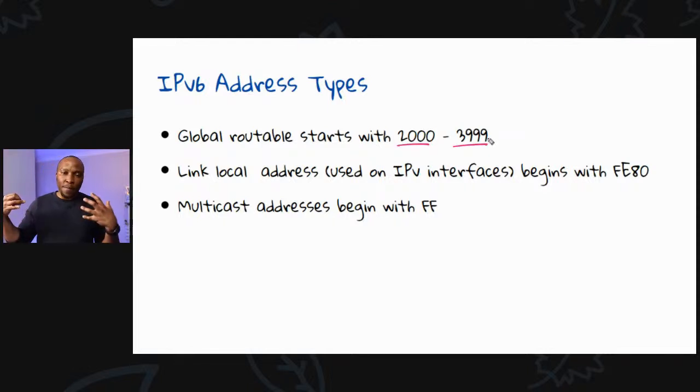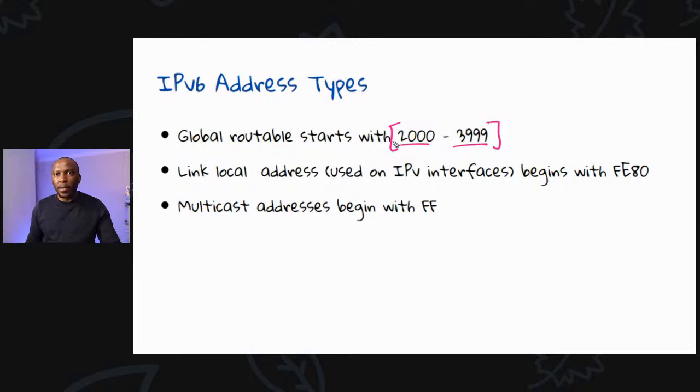So an IPv6 address that starts with 2000, 2001, 2002, 3000, anything between these values as the first 16 bits, would be a global routable address.